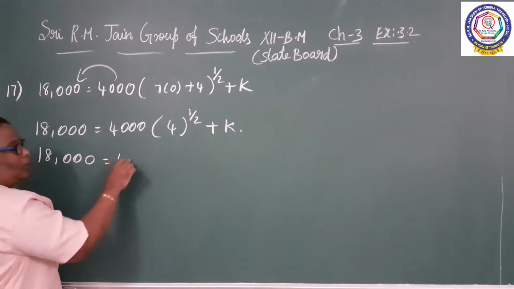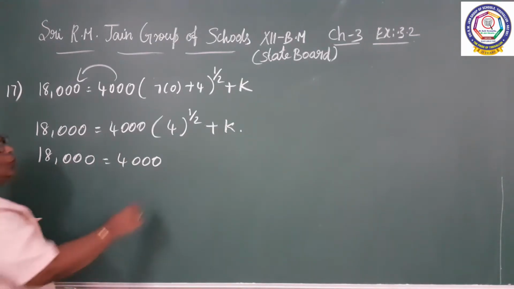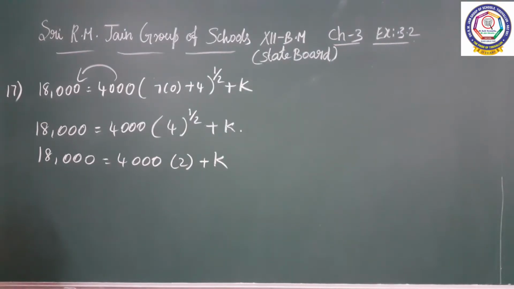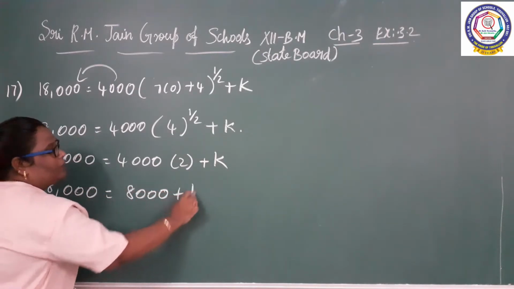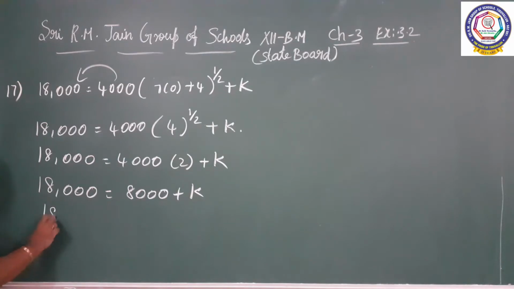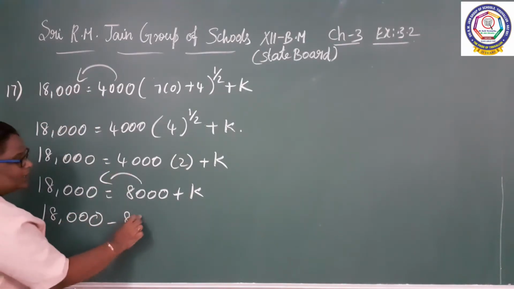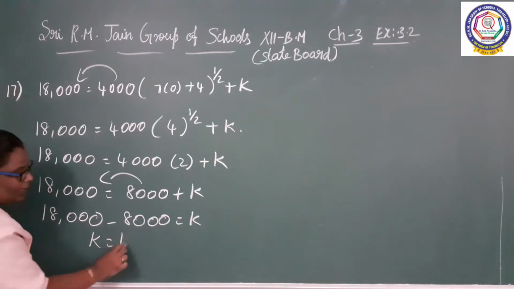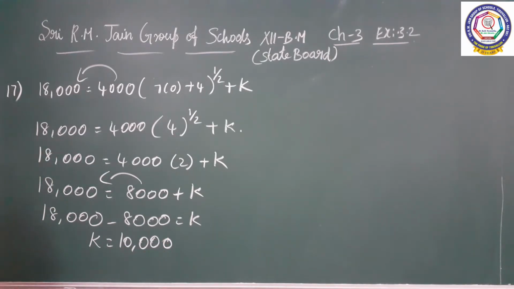What is the square root of 4? 2. So 18,000 equal to 8,000 plus k. You bring the term to this side: 18,000 minus 8,000 equal to k. What is the value of k? K equal to 10,000. You can take it as k or k1, anything.